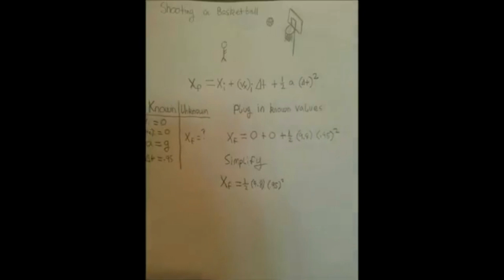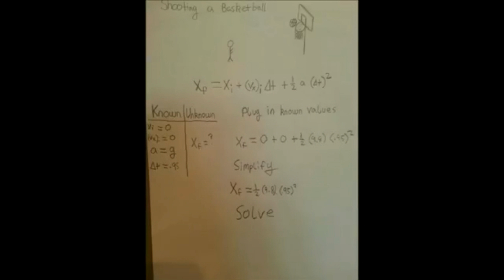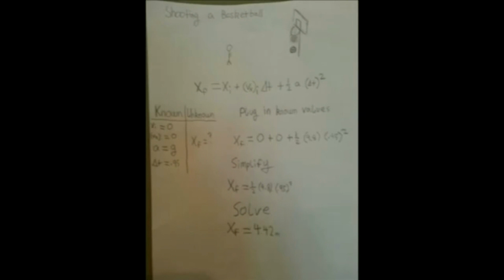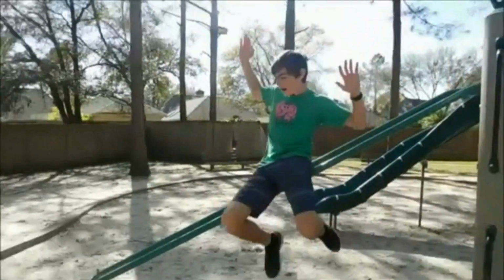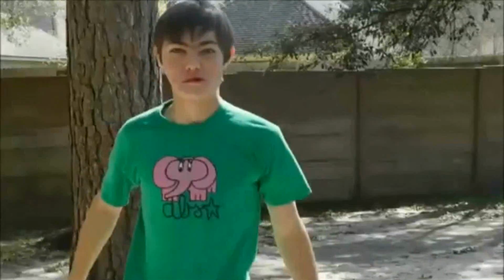Simply multiply it all together in order to find your final position, which is 4.42 meters away from the shooter. This is 2D kinematics.